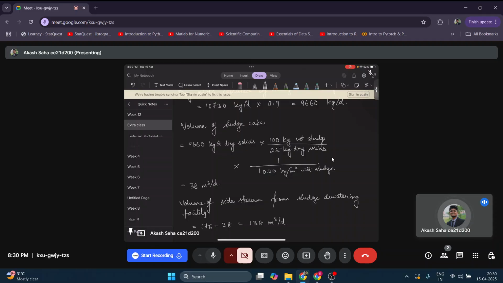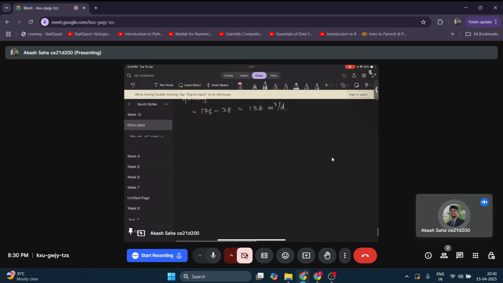Okay, so if I want to draw the diagram of all the flows, suppose a raw combined flow is coming, where the volume is 500 meter cube per day.